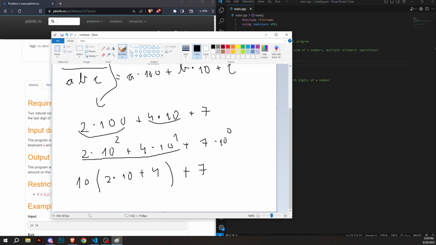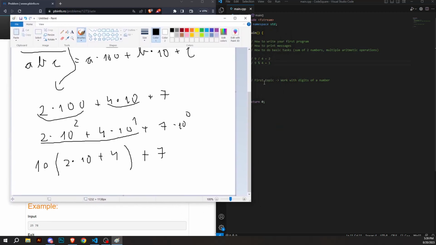So nice, okay. So this is 10 times something plus 7. And you can actually check, this works. For example, 2 times 10 is 20, plus 4 is 24, times 10 is 240, and the plus 7 in the end is 247.